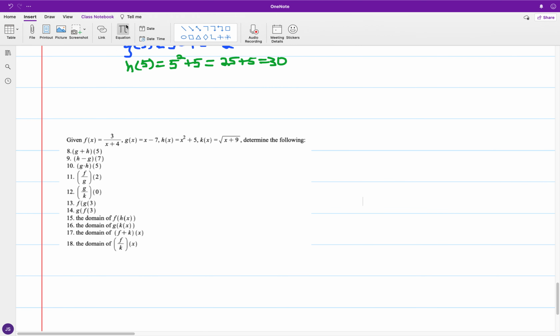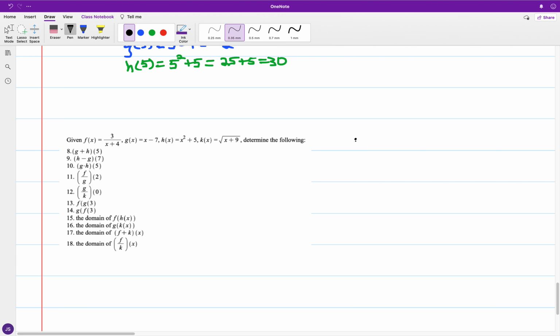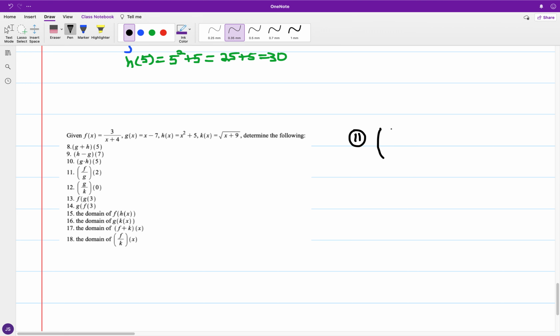For f over g of 2, that's going to be equal to f of 2 over g of 2.